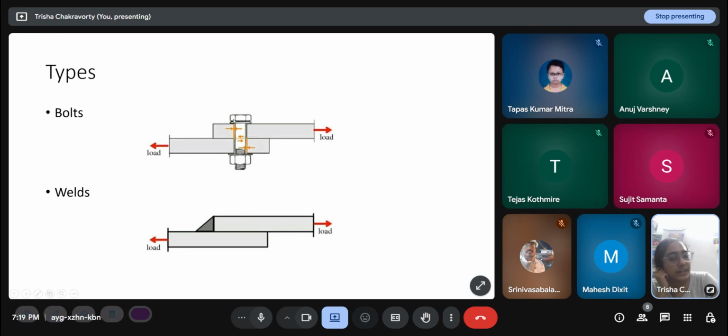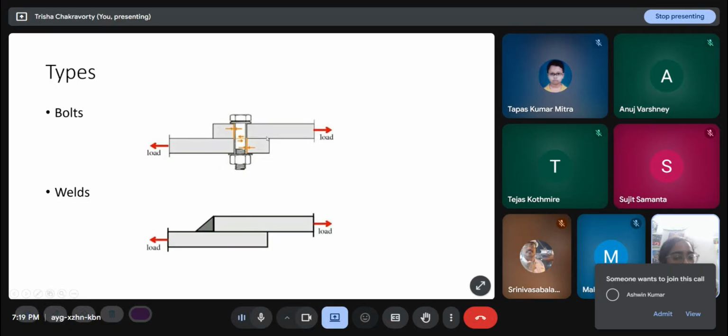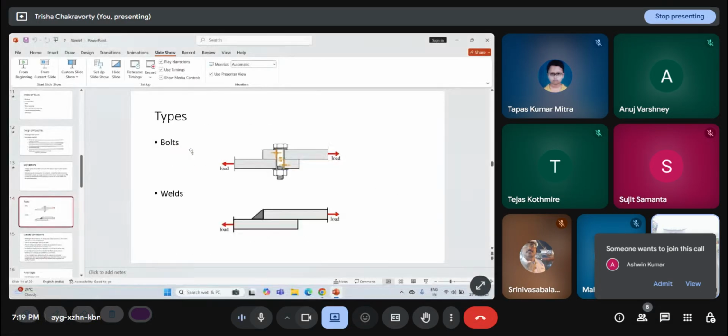This is a bolt. It has a head and a shank, and then these two are called washers. They are placed at the interface of the bolt head and the plate, or whatever section we are using.